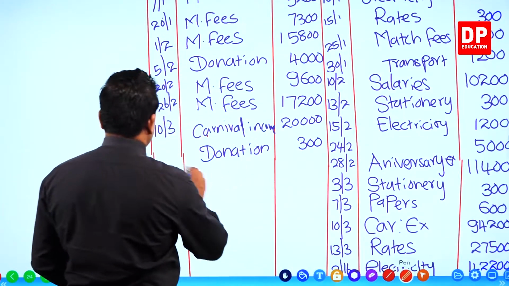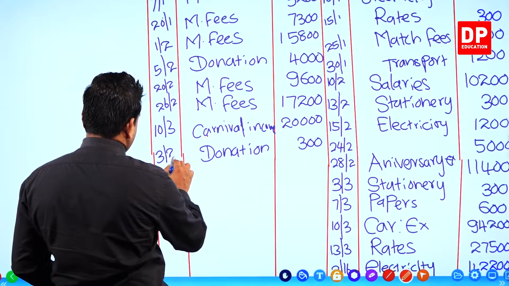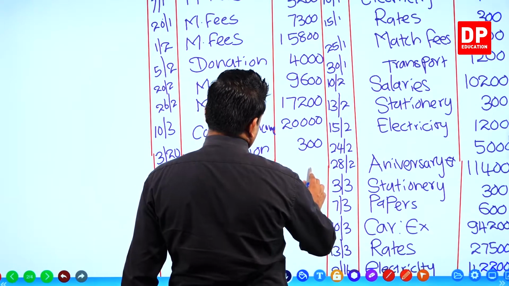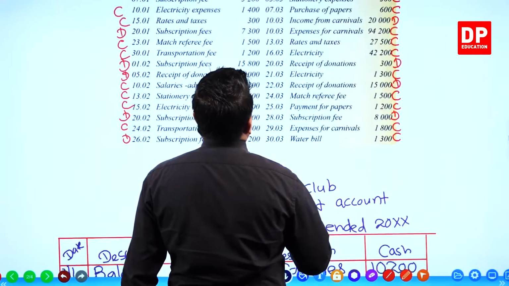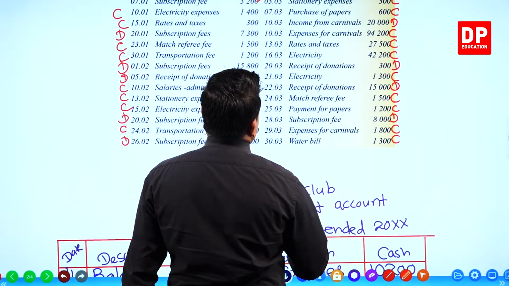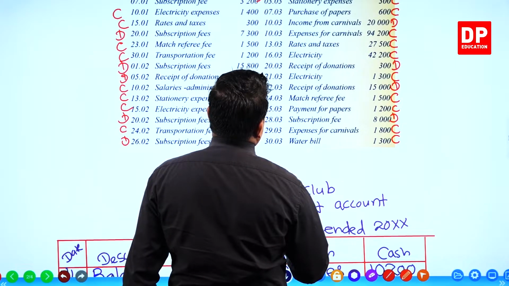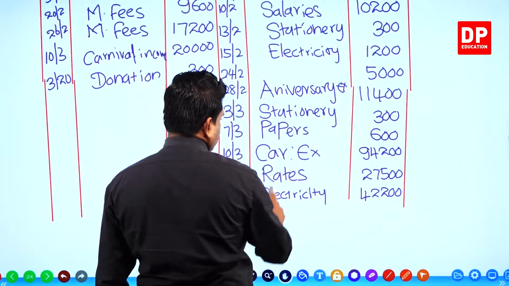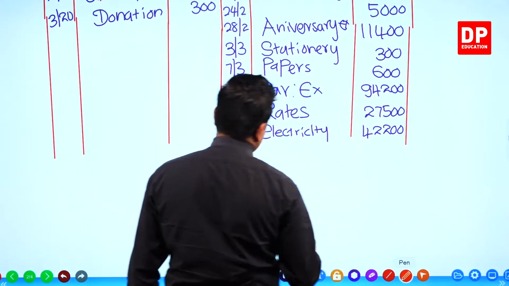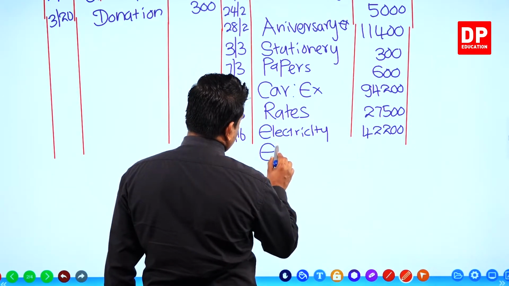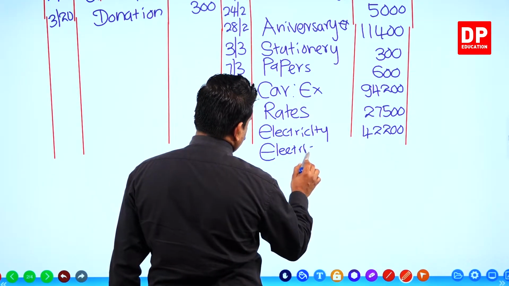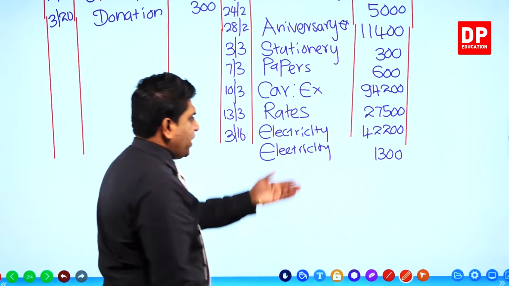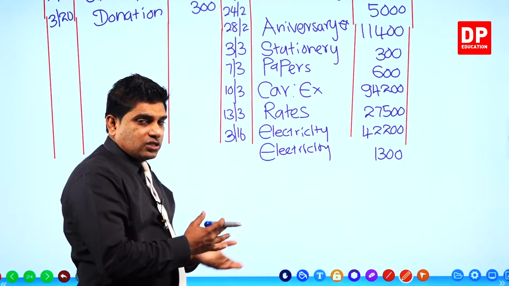Electricity 1,300. You want to expand this format? Why? The space is not enough, right?